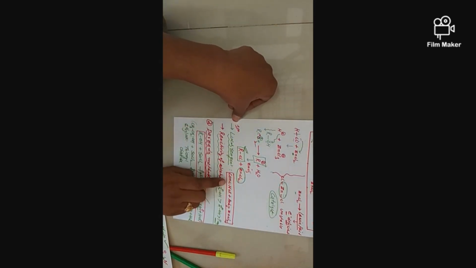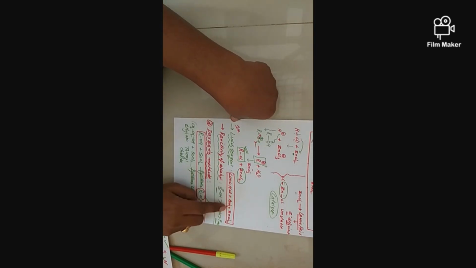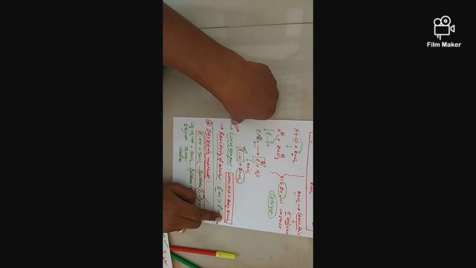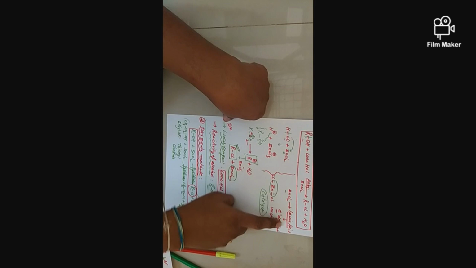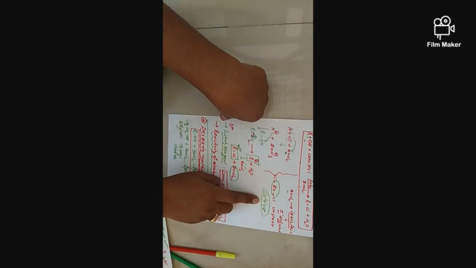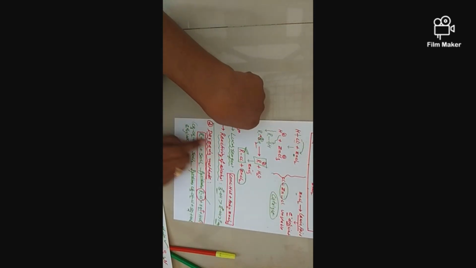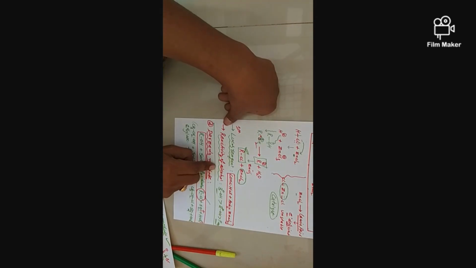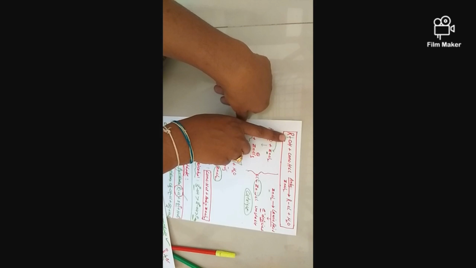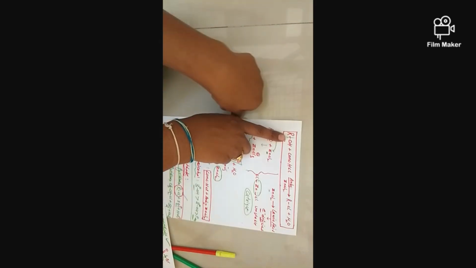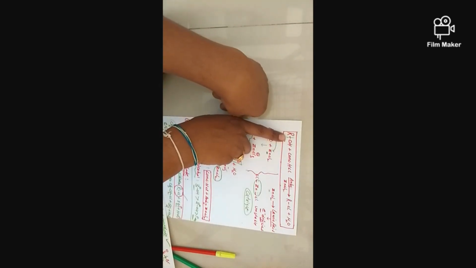Lucas reagent: what is the combination? Concentrated HCl plus anhydrous ZnCl2. What is the nature of anhydrous ZnCl2? It is a Lewis acid, and it also acts as a catalyst in this reaction. Next, reactivity of alcohol. One of the reactants is alcohol, and there are primary, secondary and tertiary alcohols.